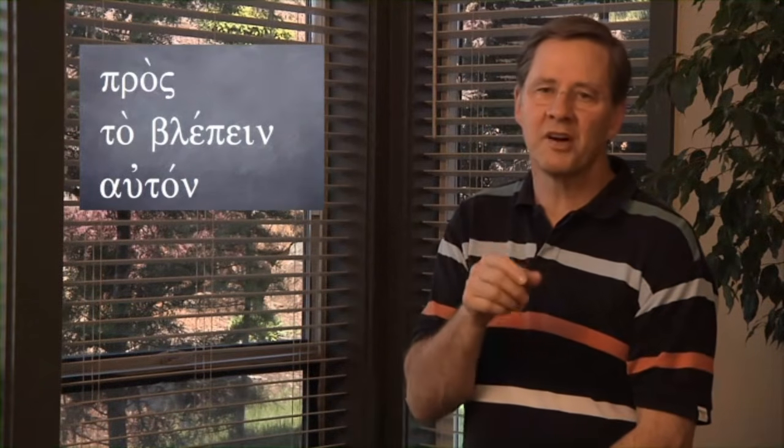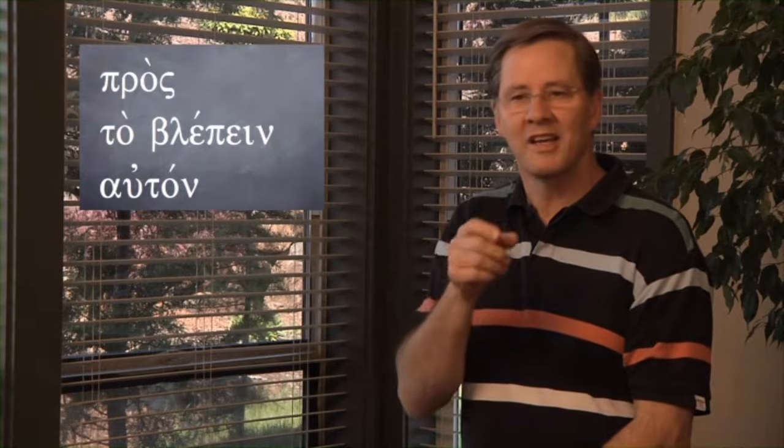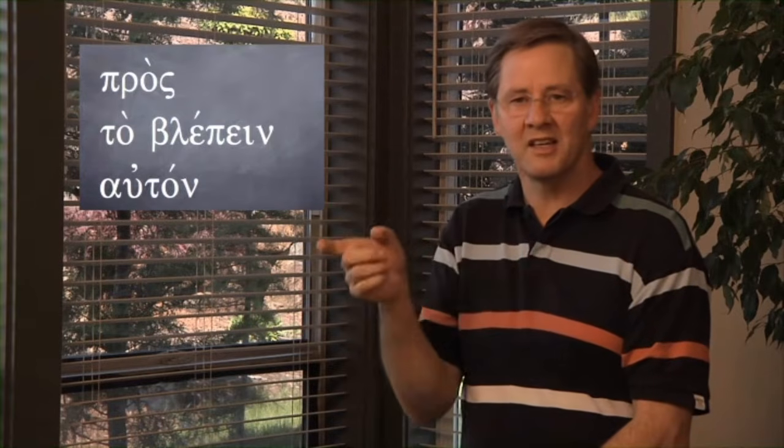So if you have pros ta blepein auton, it's "in order that he sees." Okay, so here are the first 3 of the 6 prepositions that occur with an articular infinitive and have a special meaning when you join them with the articular infinitive. Dia means "because," and eis and pros both mean "in order that." All right, so those are constructions that indicate reason or purpose.